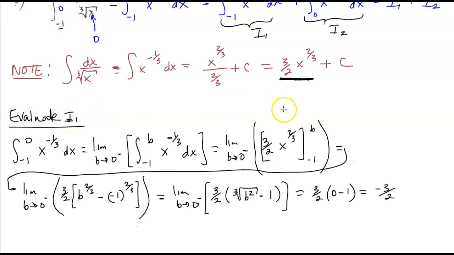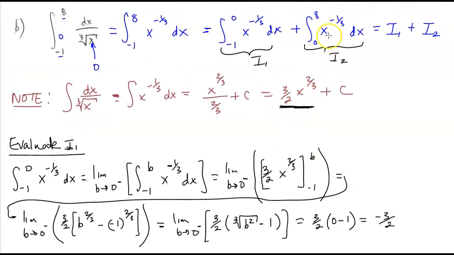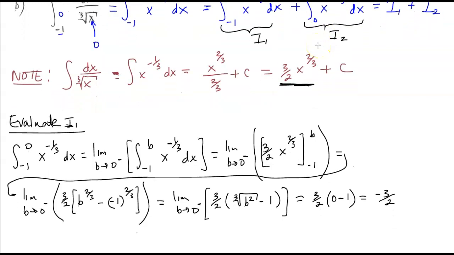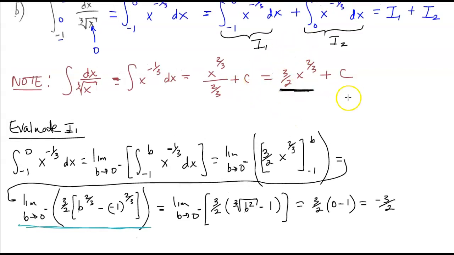Now for our improper integral I2, pretty much everything else is going to be the same except for where we start with the limits of integration here. So I'm going to purposely skip some steps, and skip to this particular point here. And I'm going to underline it. Of course, the limits of integration will be different.